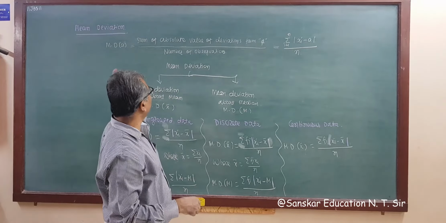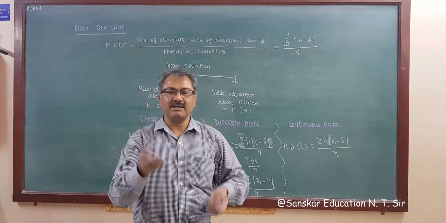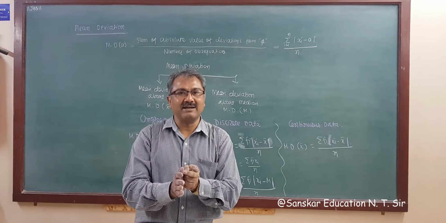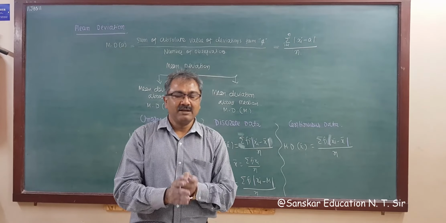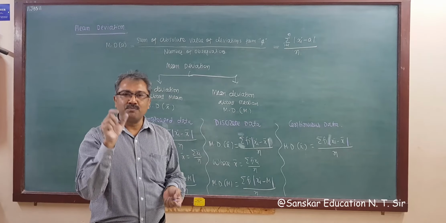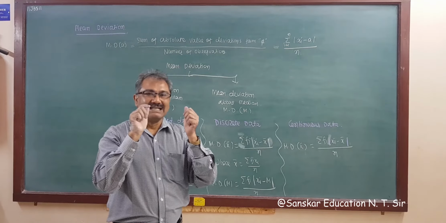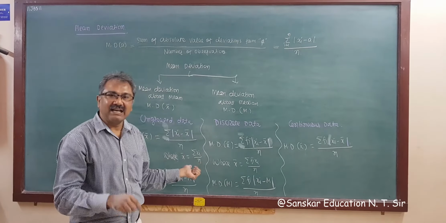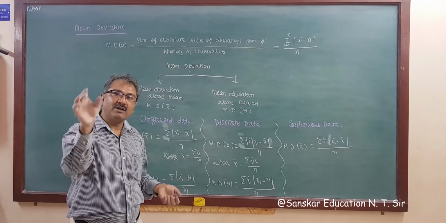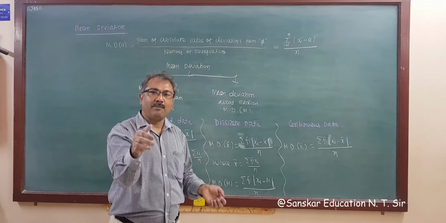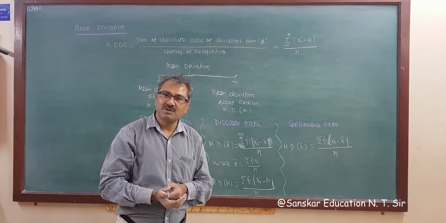Then we are going to learn about standard deviation later on. First, the target now is mean deviation. So mean deviation about mean is sigma |xi minus x bar| upon the total number of observations.